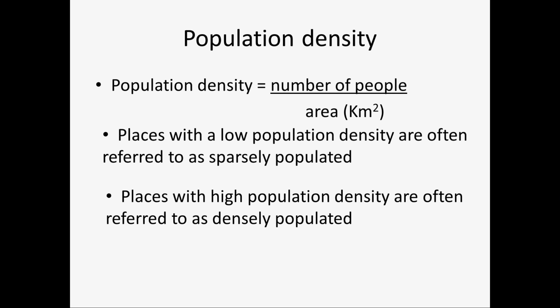It tells you how many people are living in this area compared to this area. So places with a low population density, like deserts and empty places, are referred to as sparsely populated. And then areas with high population density, like cities and urban areas, are referred to as densely populated.